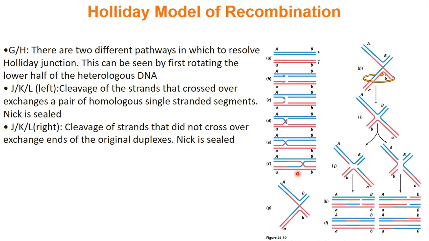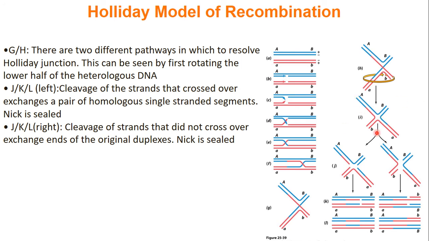Now, once we've made our Holliday junction, we have to eventually cut it again, because we don't want our blue and red chromosomes to be linked forever. So what we first need to do is rotate our DNA to resolve our X, and now we need to think of it like a four-way intersection.